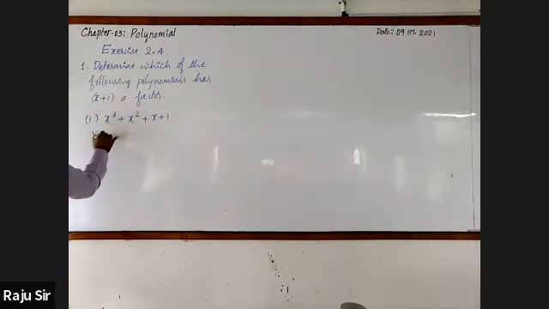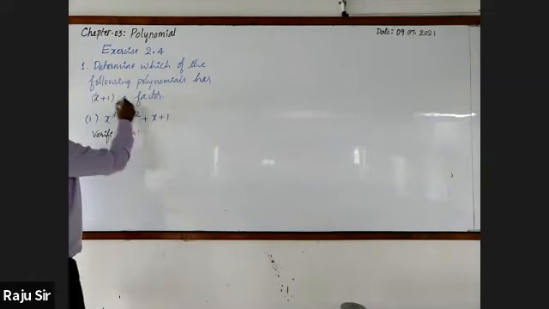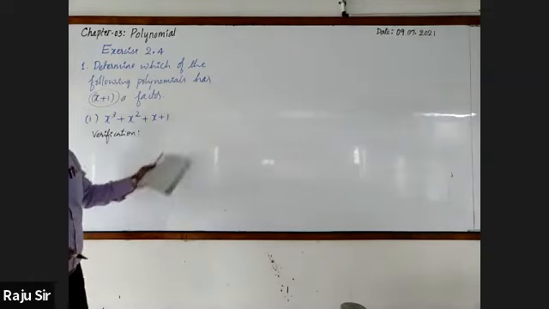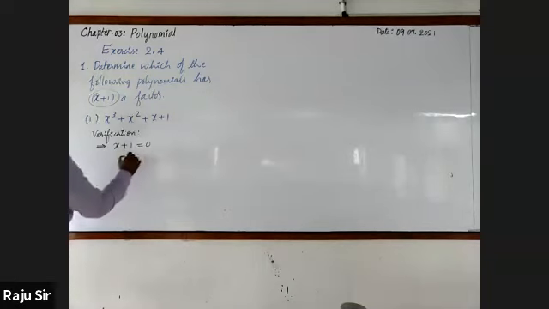Verification. You are not going to find the solution; you are going to verify whether x plus 1 is a factor of the given polynomial. x plus 1 is the given factor and its zero should be found. It becomes x equal to -1.